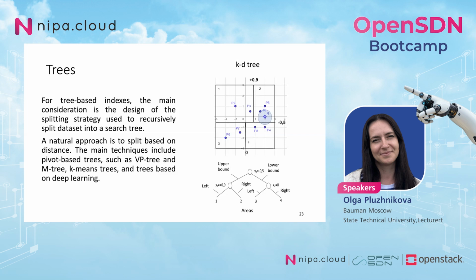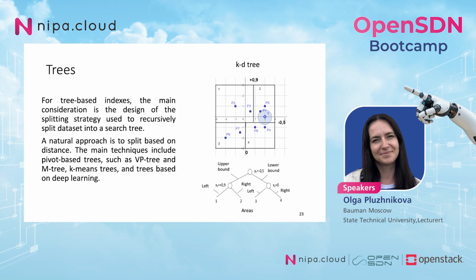But while these trees are effective for low dimensions, they suffer from the curse of dimensionality when applied to higher dimensions. High-D tree-based indexes tend to rely on randomization for performing node splits.